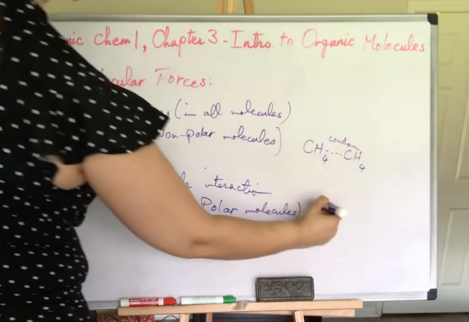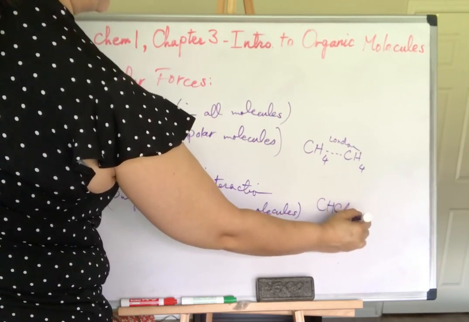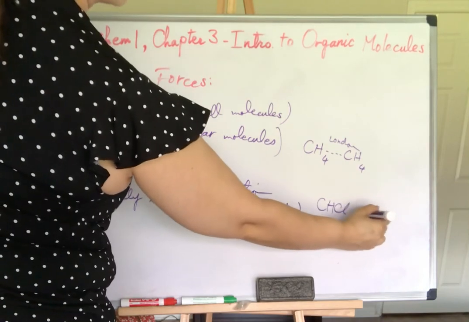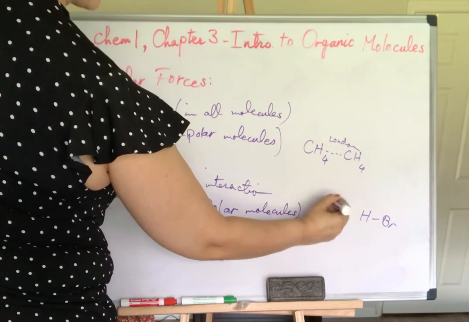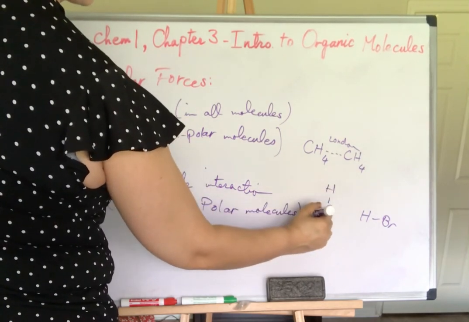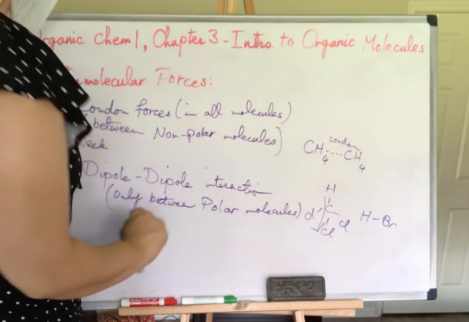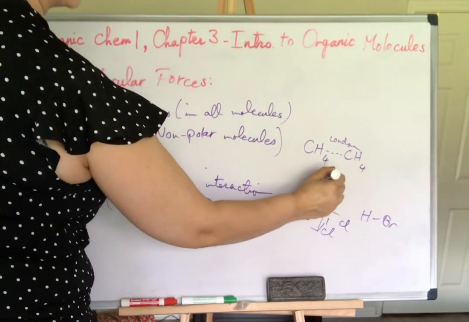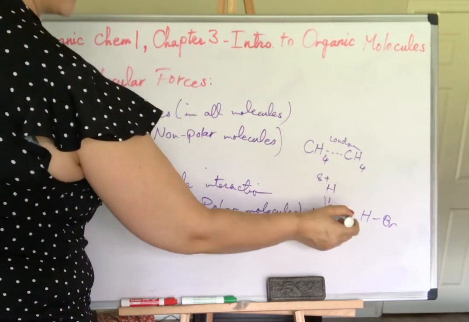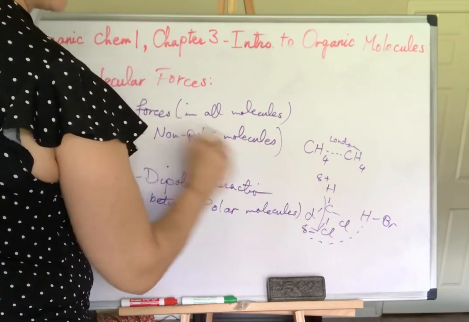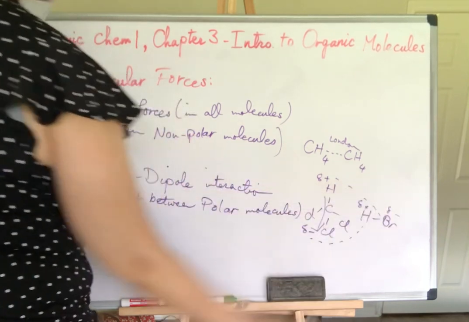Like, let's say you have CHCl3 and HBr. So CHCl3, if we draw its Lewis structure, the dipole is towards chlorine, so it's a polar molecule. It's partially positive, and this is partially negative here. So there is a dipole-dipole interaction between the positive and negative sides of the molecules.